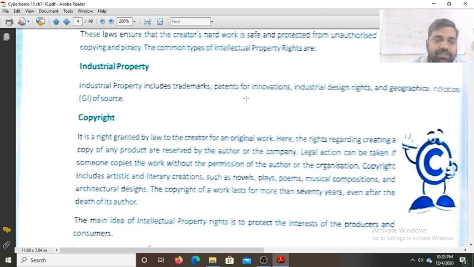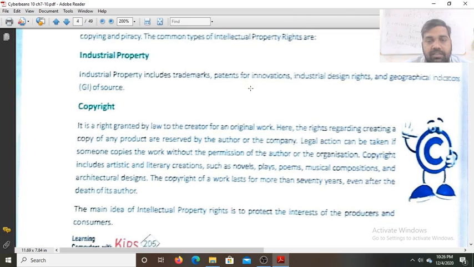Companies have patents for their new inventions and new technologies, so no other person can use the technology for manufacturing. Industrial design rights are there, so they create the design of their product. As you can see, the design of the Maruti Swift Dzire cannot be used by Tata to make any car. Different types of cars are available in the market, so you cannot find any car design similar to the others.